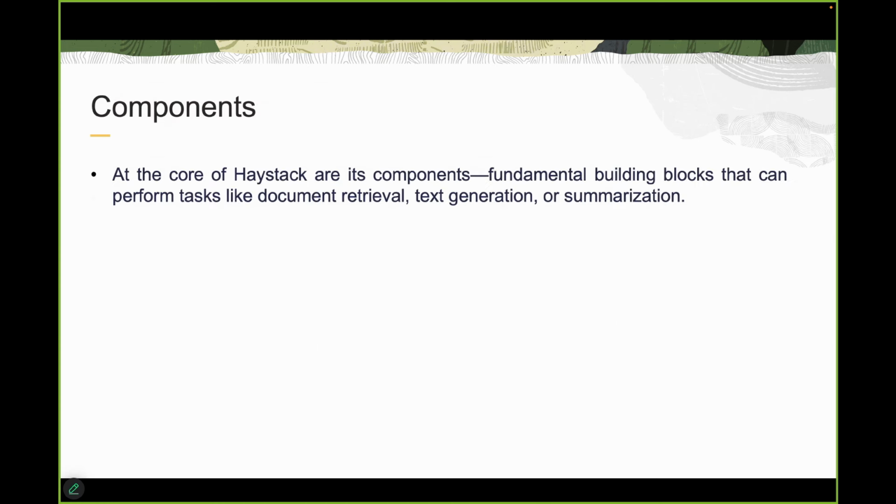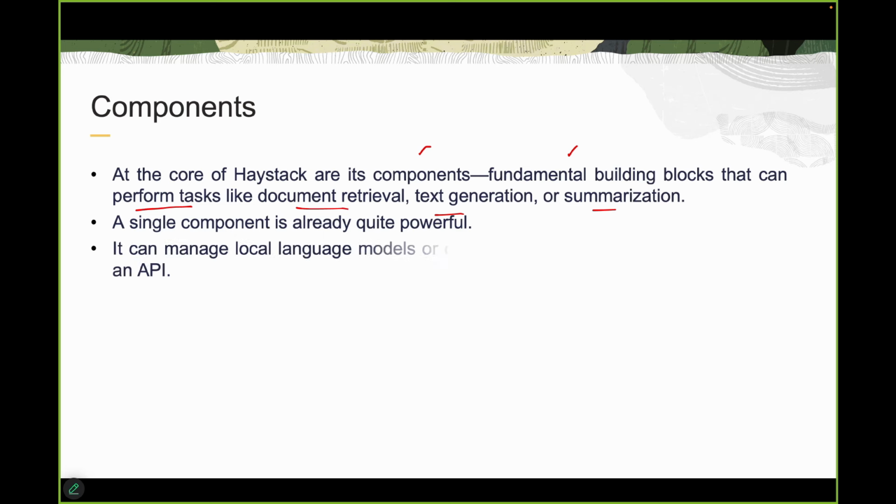In Haystack, we have components, the way in LangChain we have chains. At the core of Haystack are its components, which are fundamental building blocks that can perform tasks like document retrieval, text generation, or summarization. A single component is already quite powerful.